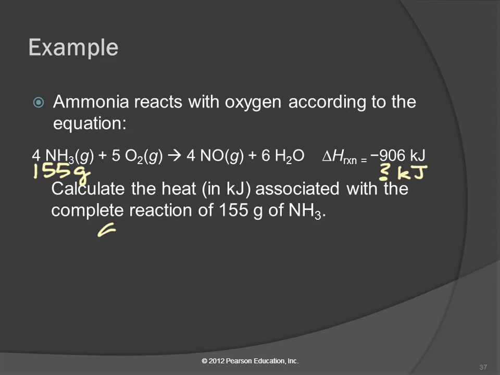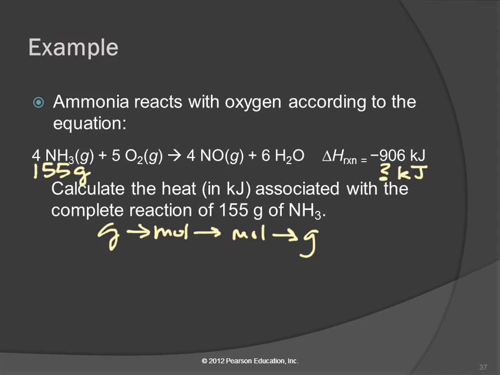So the path that we've learned is grams to moles to grams. So we're going to take a little detour, because what this tells us is that 906 kilojoules of energy are released for every 4 moles of that formed.